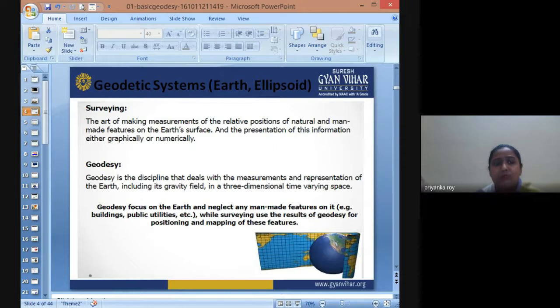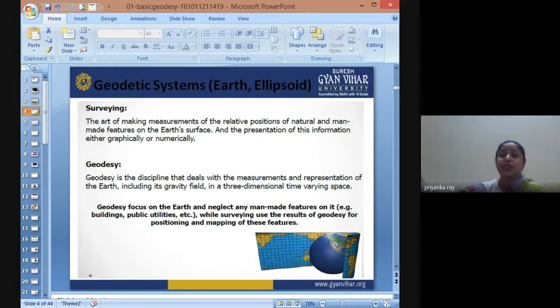For example, buildings and public utility places are basically ignored in geodesy. There can be skyscrapers of quite significant height, but they will not be included in the process of geodesy. Surveying uses the results of geodesy for the positioning and mapping of these features.